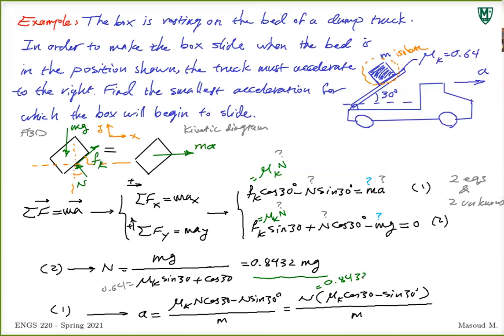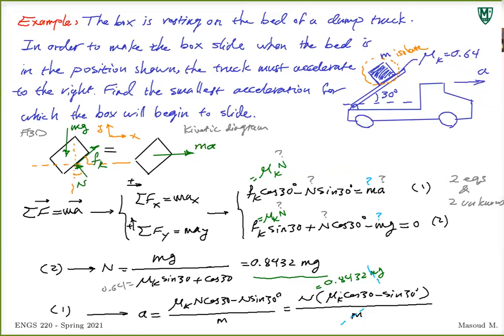N is 0.8432 mg. So I can get rid of m here and m there. And the rest is everything that I need to know, right?